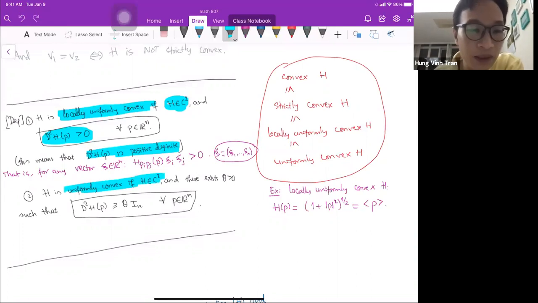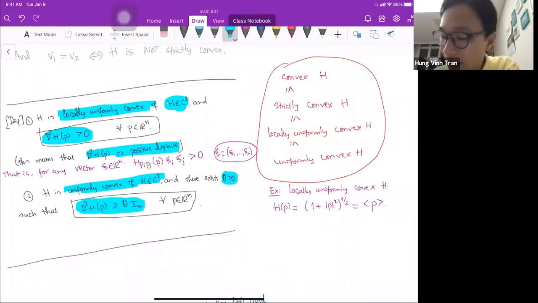So H is uniformly convex if H is C2 and we can find a number theta greater than 0, and I'll remind you whenever there's a need, so that the Hessian of H(p) is greater than or equal to theta times I_n for all p. What I mean here is that the n by n Hessian matrix is positive definite, and all eigenvalues are greater than or equal to theta.